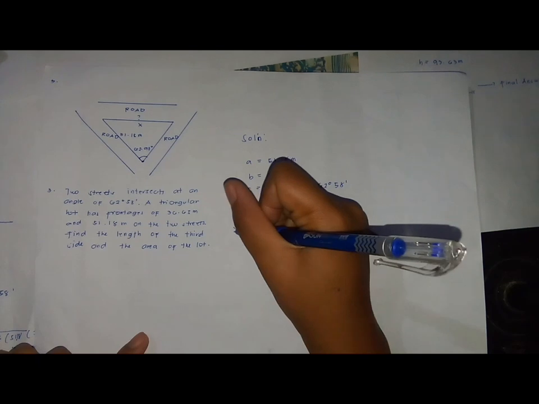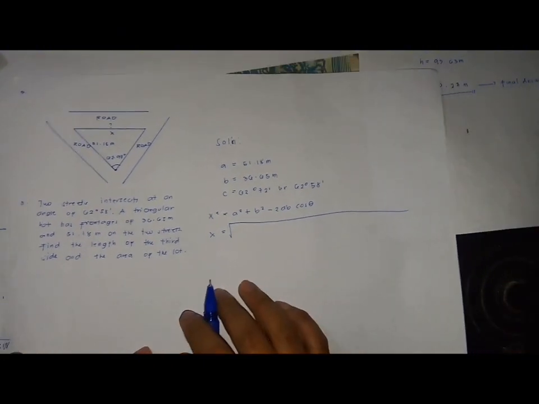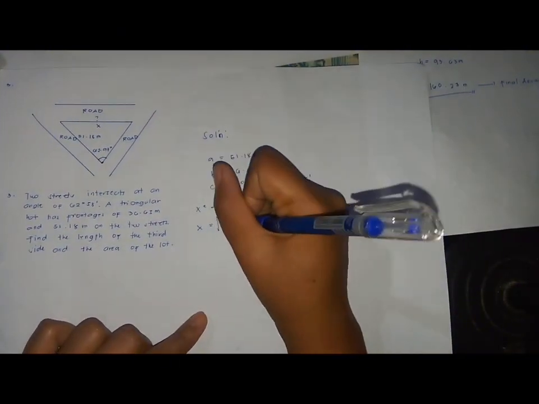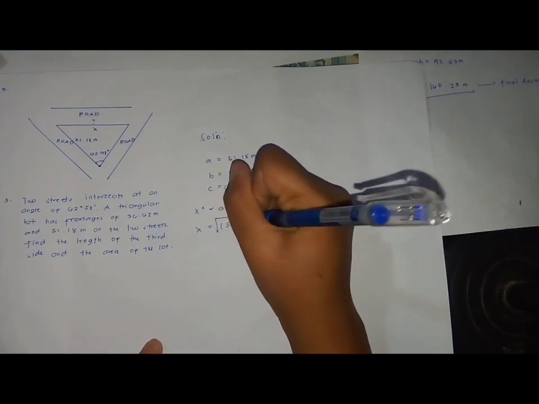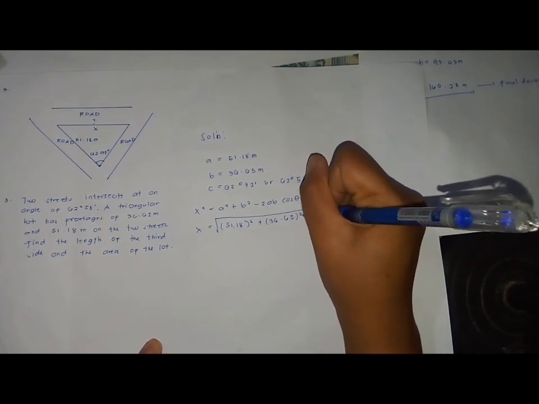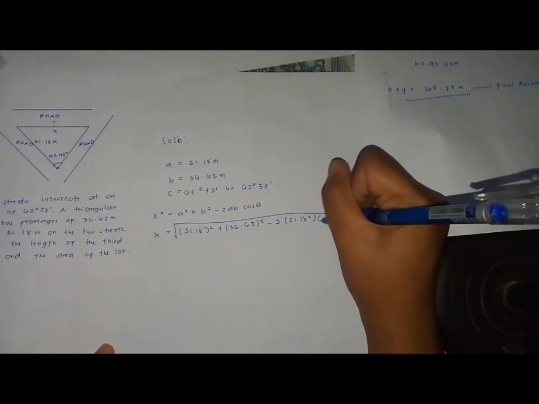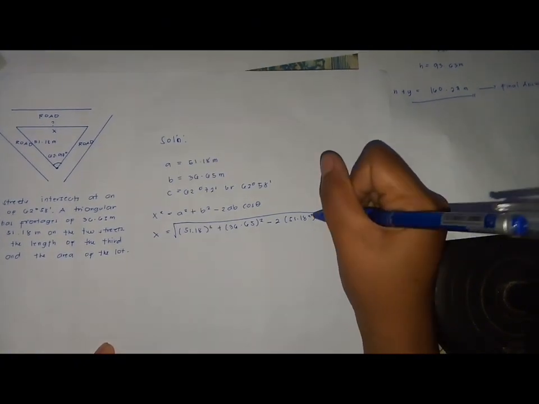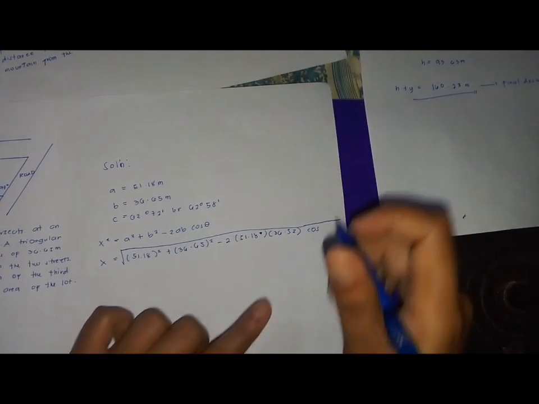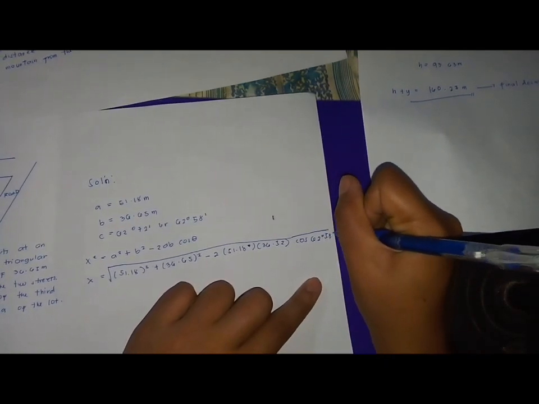So x is equals to, we have here a squared is 51.18 squared plus 36.65 meters squared minus 2 times 51.18 and 36.65, and then cos 62 degrees and 58 minutes.